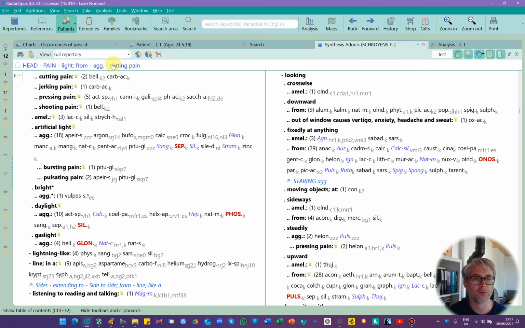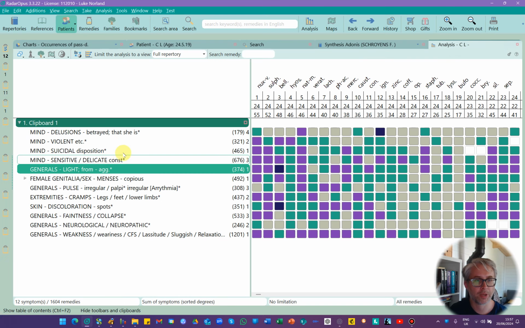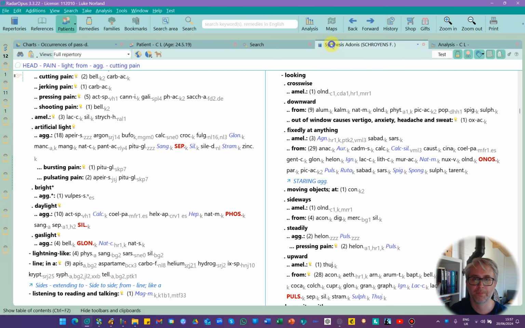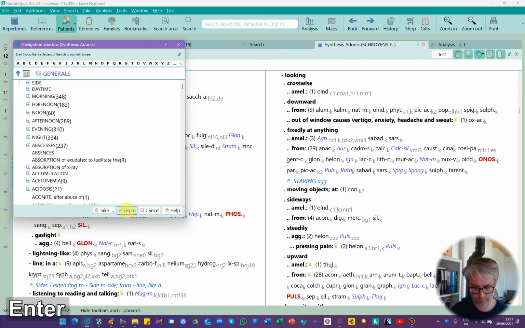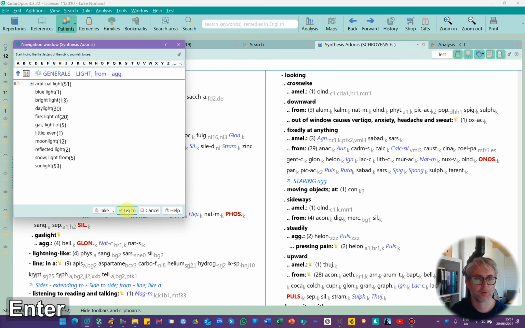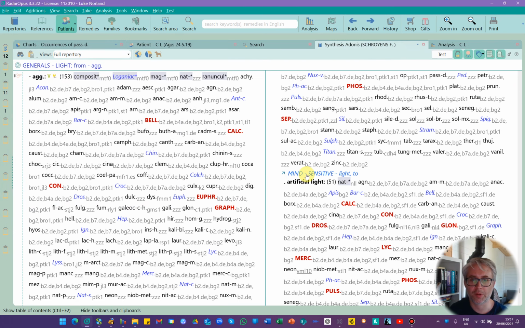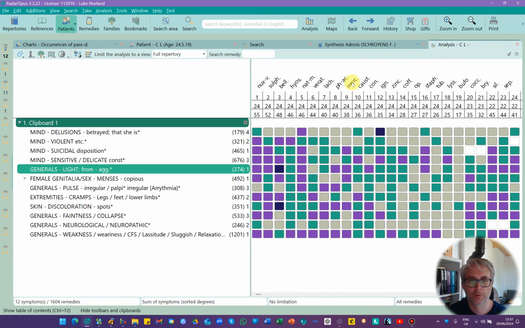So if I go to, let's see now, generals, light from aggravates, we see here there's also mind sensitive to light, which I will have combined. Okay, that's the basic gist, and that gives you larger rubrics to work with.